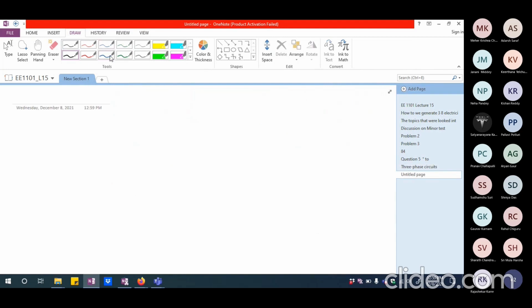Now, if I look at the star connected system, I talked about three windings of my generator connected somewhat like this.